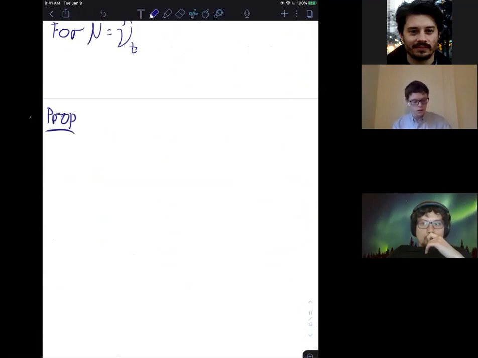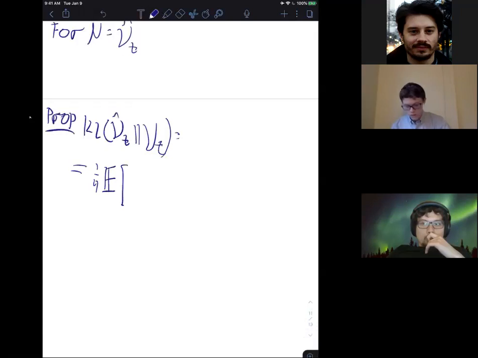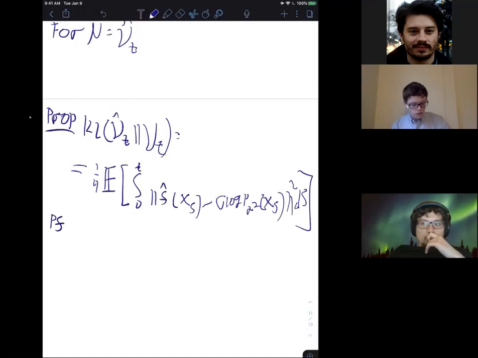This technique, as I say, was pioneered by Dalalyan, and it says that KL of nu t hat, nu t, is equal to 1/4 times E of the integral from 0 to t of f hat of xs minus del log p sigma squared of xs, squared, ds. And so where does this come from? Girsanov.